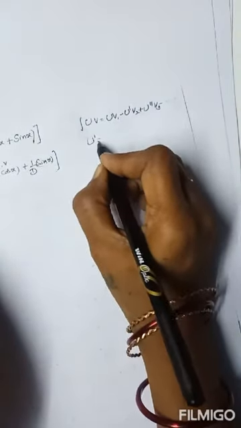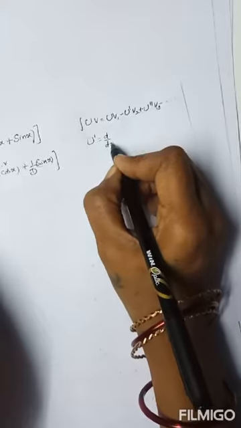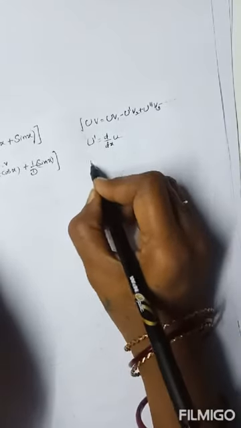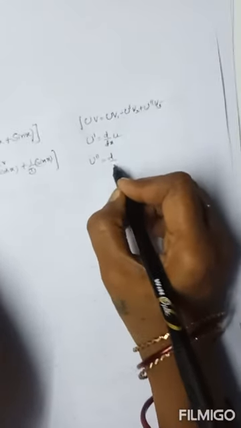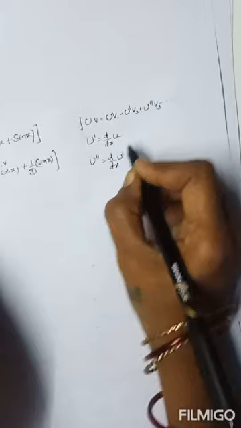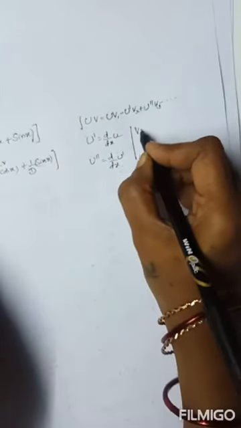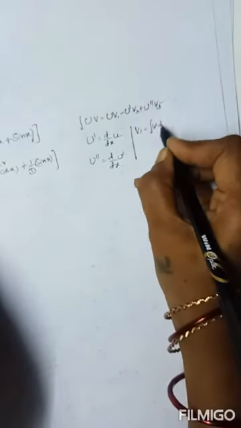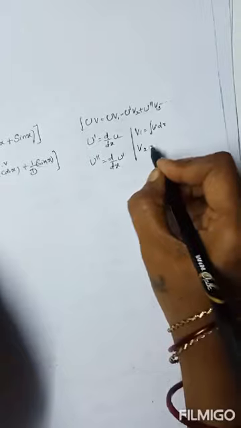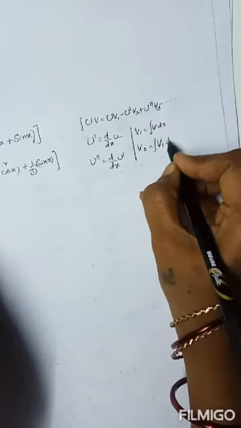u dash is the differentiation of u, u double dash is the differentiation of u dash. Similarly, v1 is the integration of v and v2 is the integration of v1.